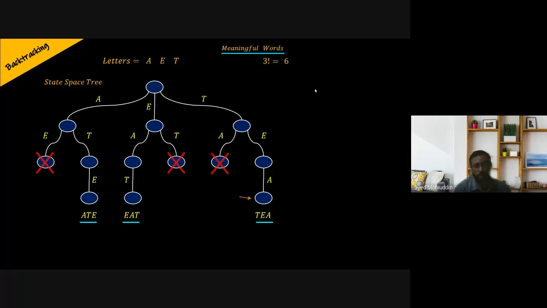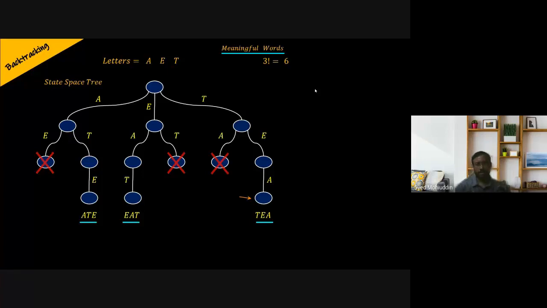So if you look at the previous tree, what happened is we had displayed all the states which were possible. That is, all the permutations, or in some problems we also have combinations.